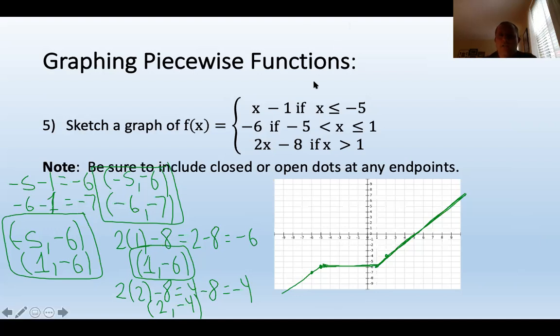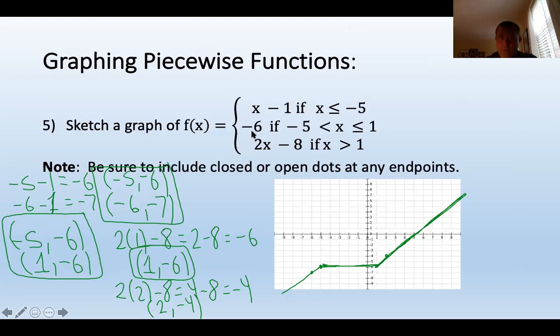So I used -6 and substituted that in. -6 minus 1 is -7. So -6, -7 is a point, and I plotted that point. So there are our 2 points, and there's that line for that particular piece. You can see that it stops at -5 for that particular x.